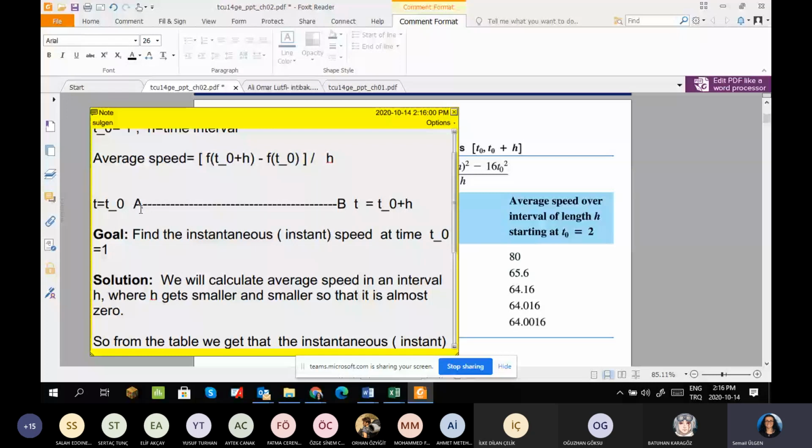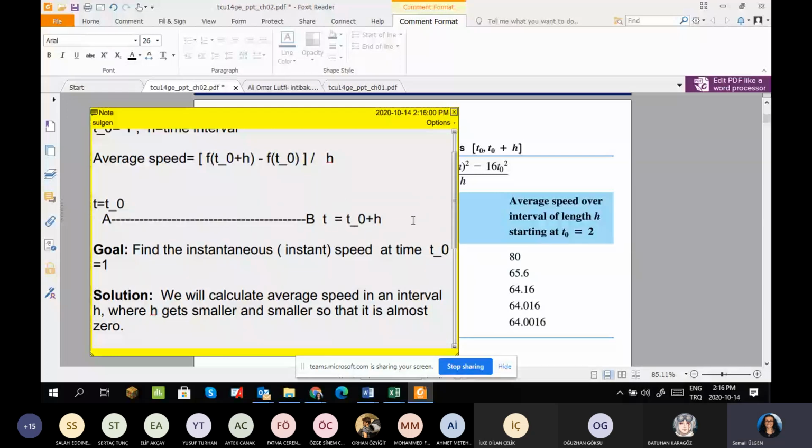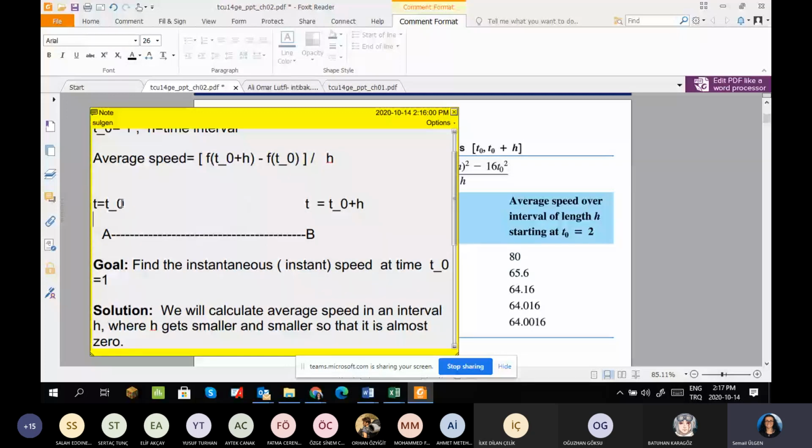Okay, this is the picture. Maybe I should do it like this, to be able to have a better picture. Okay, I think this is a better picture. At time t is equal to t naught, you're at A. At time t is equal to t naught plus h, you're at B. And you're traveling. And we are interested in finding the average speed in smaller and smaller intervals.